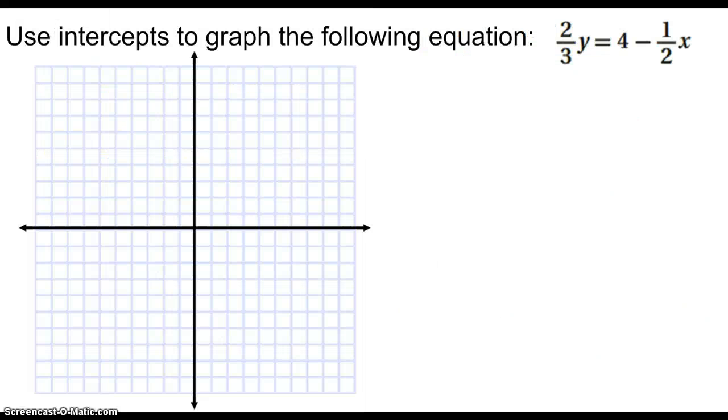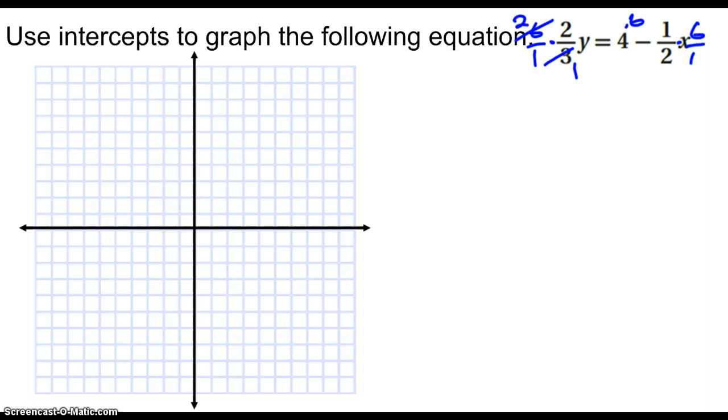So sometimes they'll ask us to use intercepts to graph an equation. And if you're ever using intercepts, it's easiest to have the equation in standard form. So a quick review on that: if you've got fractions, remember you want to get rid of those. So I'm going to multiply through by 6, since 3 and 2 have a common multiple of 6. Alright, so now we've got divide by 3.